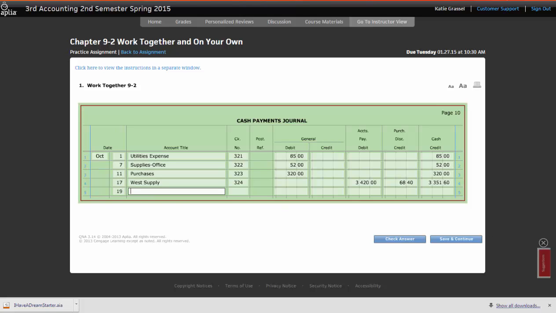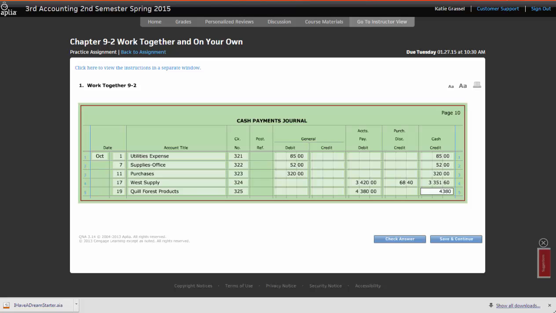The name is going to be Quill Forest Products, and again, I don't need to write accounts payable, but I cannot put it in the general column. I have to go all the way over to accounts payable, and I'm going to put in there $4,380, and how much do I pay them? The same amount, $4,380.